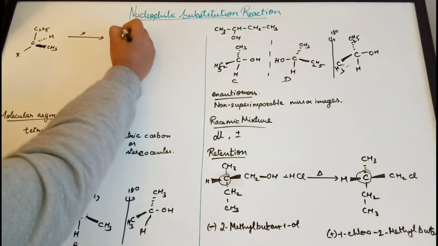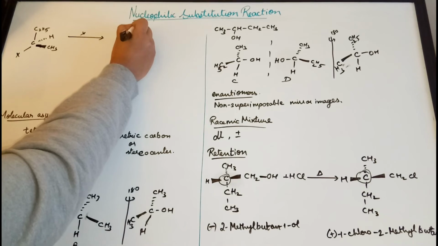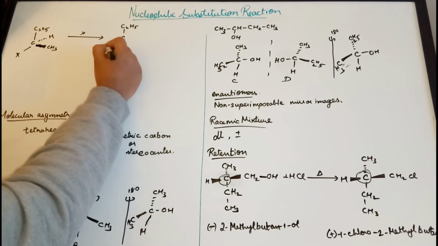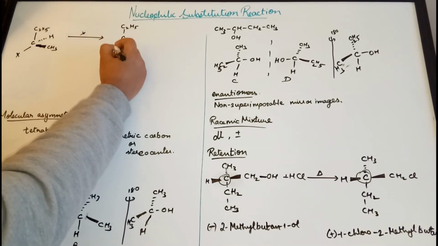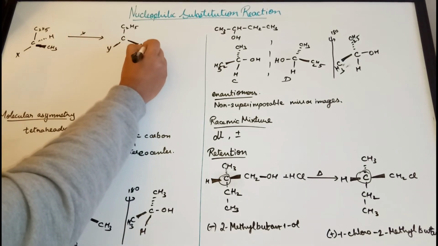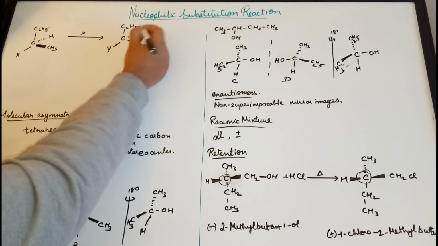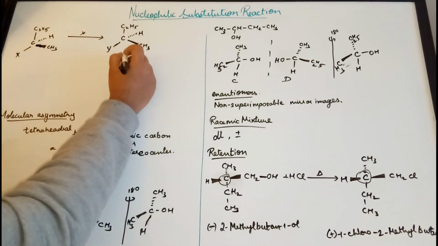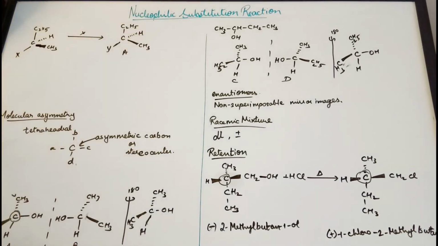So you'll have C2H5 and Y on the plane of paper, and CH3 towards us and hydrogen away from us. Let's assume this is compound A.